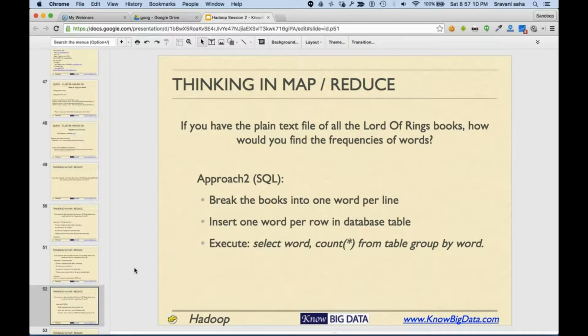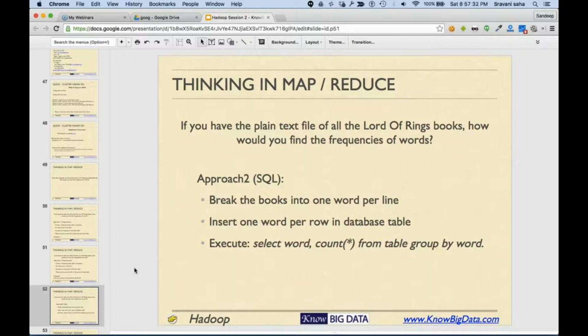Okay? So, the second approach, which we do day in, day out, is that we'll take the whole file, break it down word by word, and put it into the database such that each row has only one column and that column contains one word.